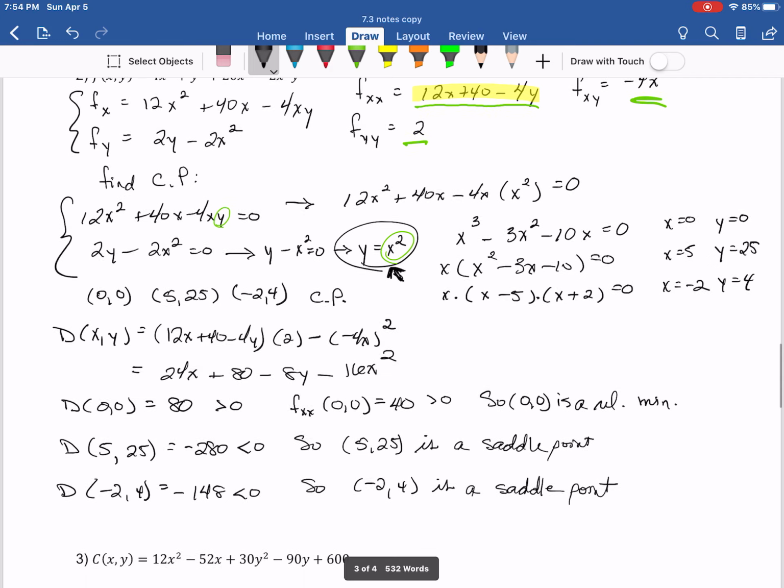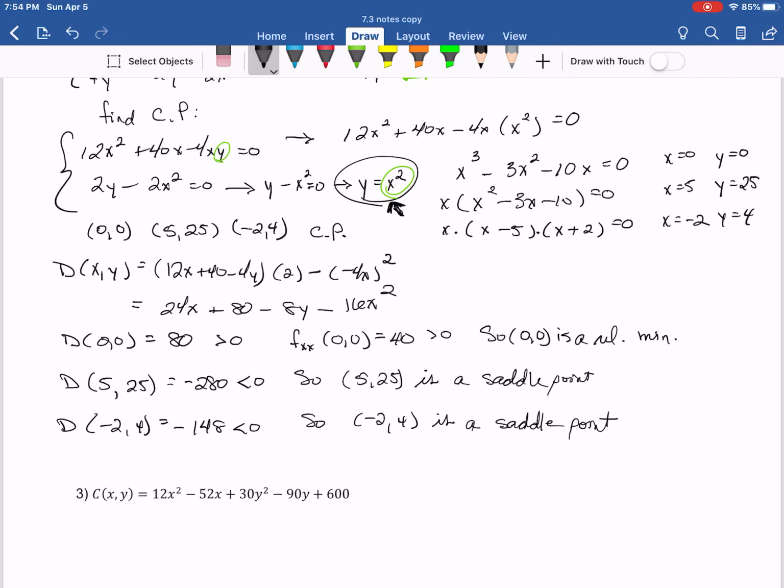So I substituted the values for the critical points into the D test function. I end up getting negative results each time. I don't have to find f_xx therefore, because if your D output is negative, you automatically can stop, and you now refer to that critical point as a saddle point.